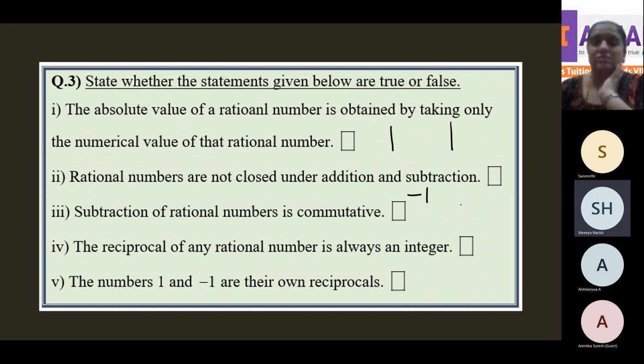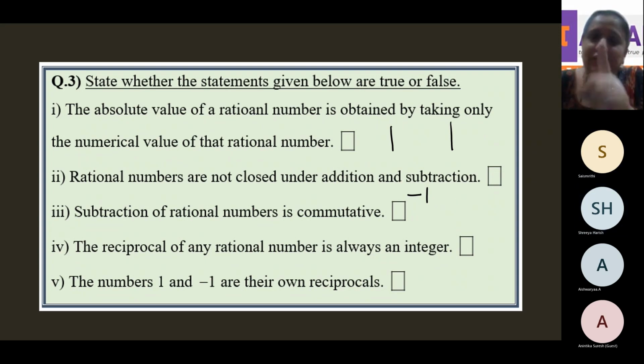For reciprocal, don't change the sign. Invert the number. When do you change the sign? For the negative of a rational number, you change the sign. Plus becomes minus, minus becomes plus, and the number is written as it is.